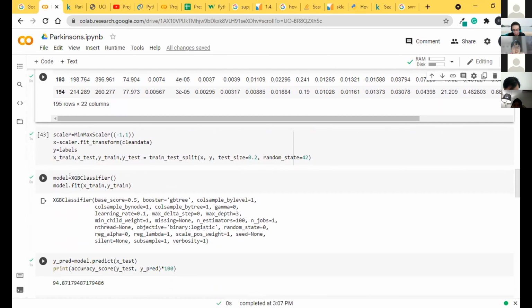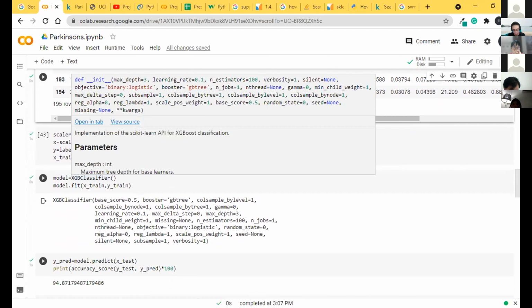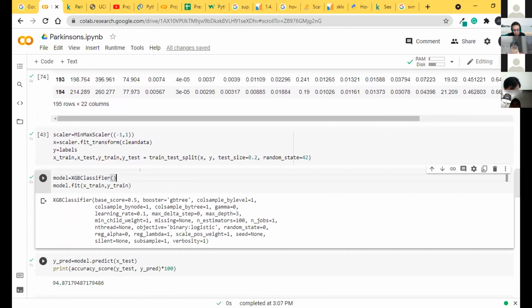I use train test split. Okay, fine. XGBoost classifier. Yes, I use XGBoost classifier instead of support vector machine, because I think this is more appropriate for the data. Try something else too. I mean, you're using what library? Scikit-learn. Yeah.